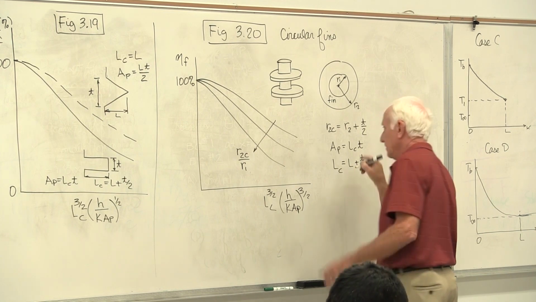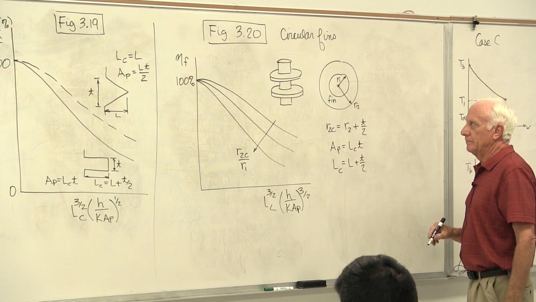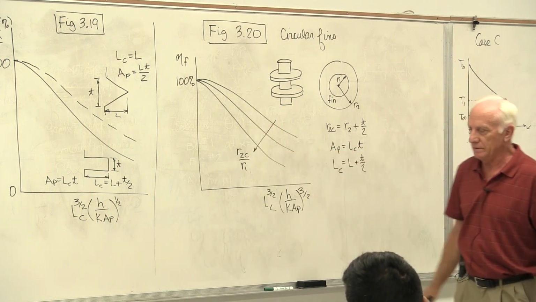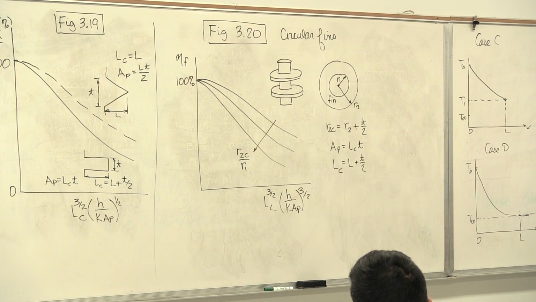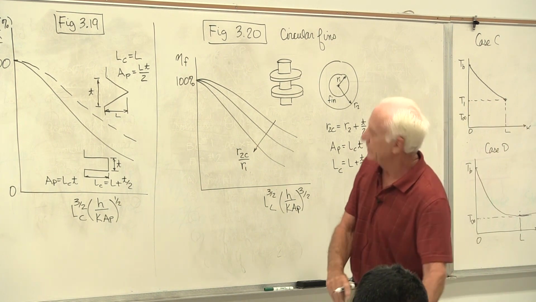So all that information is on the graph. Same principle as with the rectangular fin: the corrected fin length means the same thing on figure 320 as on figure 319.